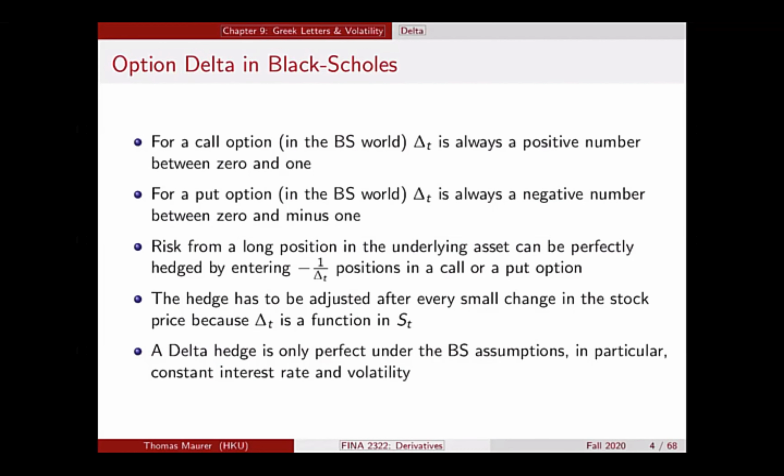Notice another thing: the delta hedge is only perfect in this Black-Scholes world, but it comes with many assumptions. Some of them are that interest rates are constant and volatility is constant. Of course, in the Black-Scholes world, it also means that the time steps in the tree become very tiny, and these up and down movements become also quite small.